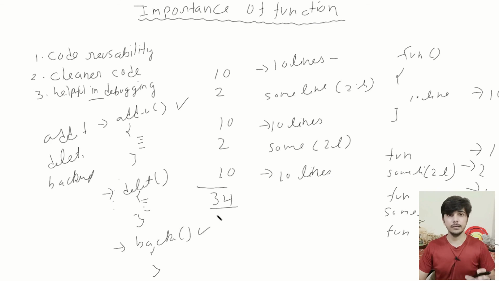So in that case you will know exactly where to look for the problem. Since the deletion part is not working fine, you can directly come to this function and see only this much code rather than all the code. So many times it is helpful to find out where exactly to look for the issues, or we can say it is helpful in debugging several times. So it is highly recommended to use functions wherever possible.